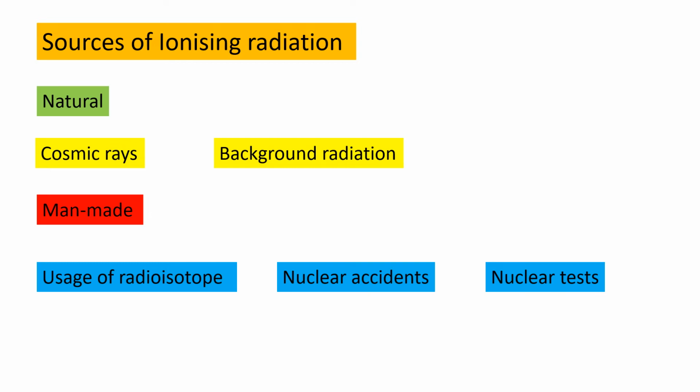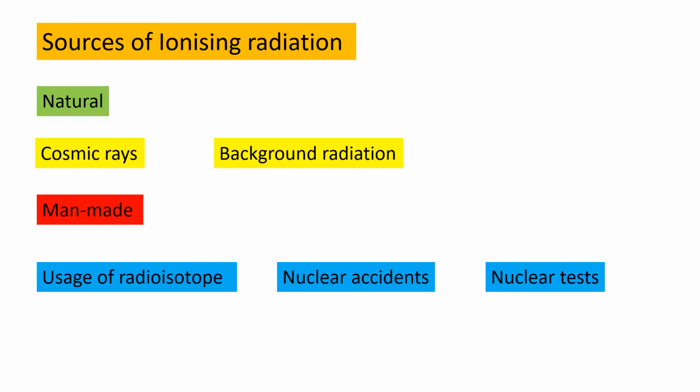Man-made ionizing radiation uses radioisotopes, which are basically unstable nuclei that prompt radiation to happen, like uranium-238. It's used in nuclear power plants. Scientists already know that the nucleus is not stable, so it's called a radioisotope because they pumped more neutrons into it.